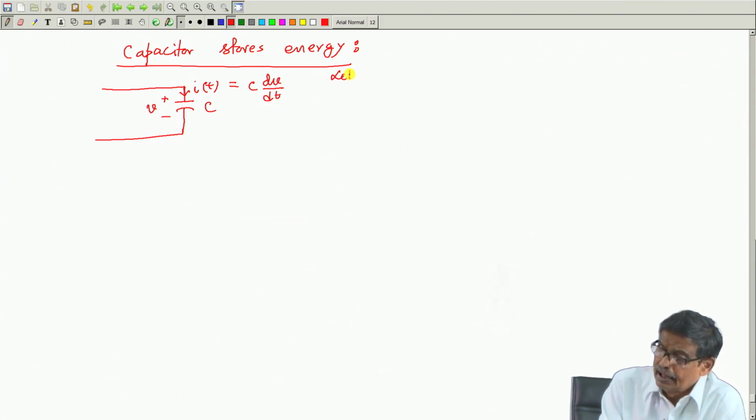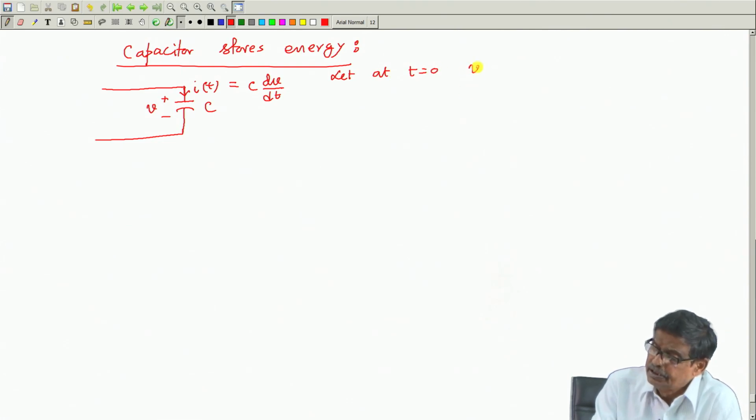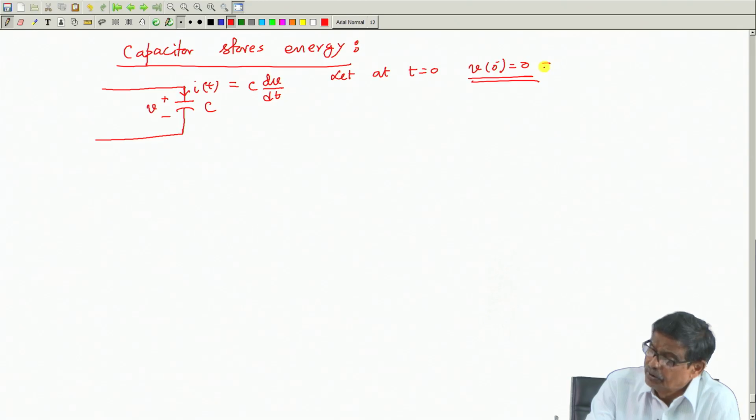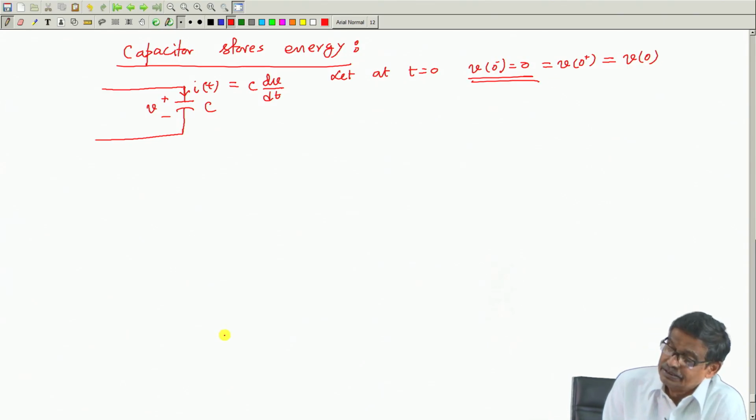Let at t equal to 0, that is v(0 minus) was 0, there was no voltage across the capacitor. So, v(0 minus) is equal to v(0 plus), that is fine, for all practical purposes v(0), voltage at t equal to 0 is this.